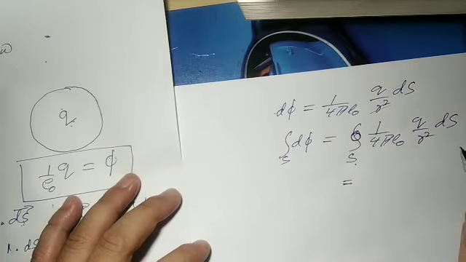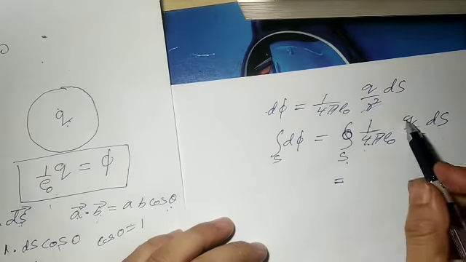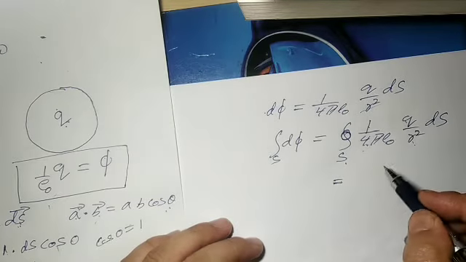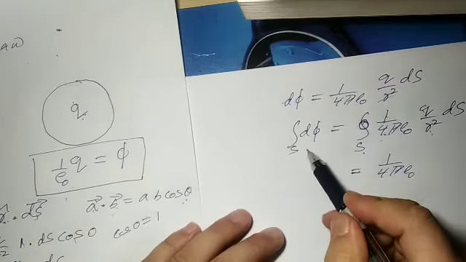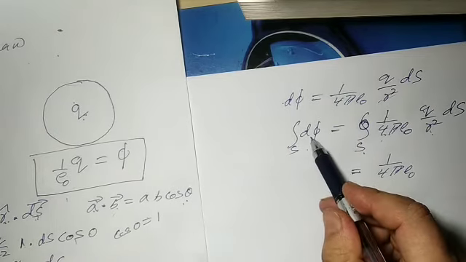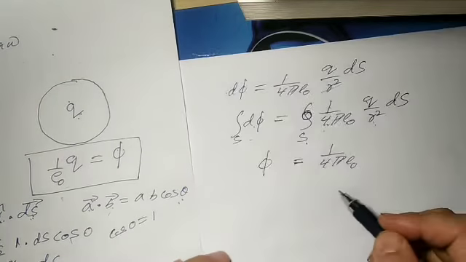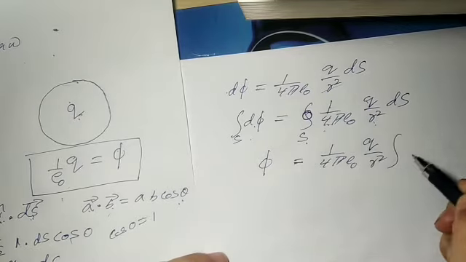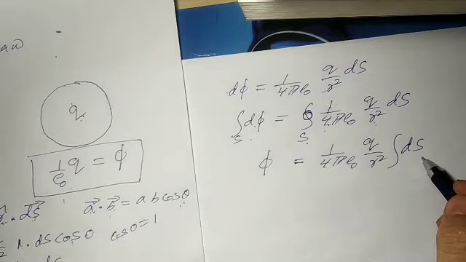So all the constant terms will come out. All these are constant. The radius is fixed, and the charge is also fixed. So 1 by 4 pi epsilon naught, Q by r square. When we integrate this small electric flux, we will get the total electric flux. Now we have to integrate the surface only.